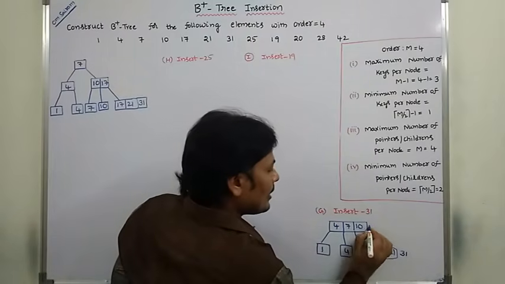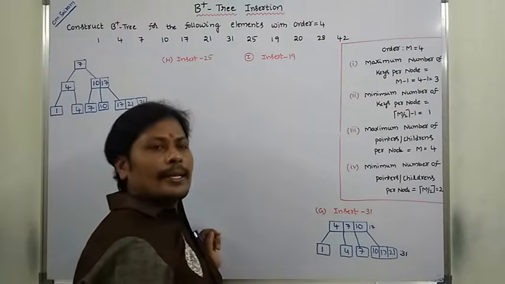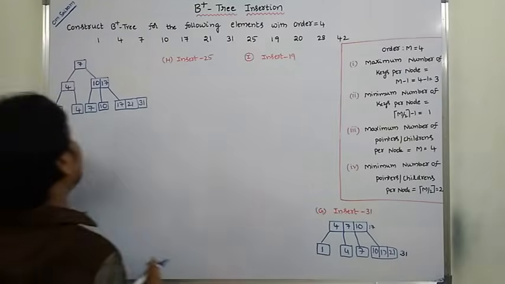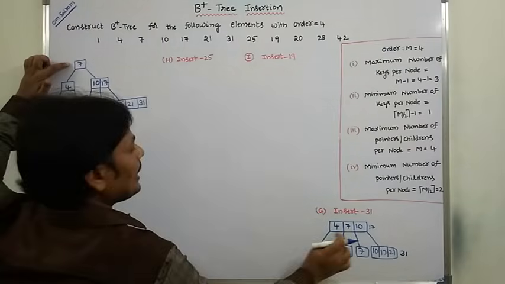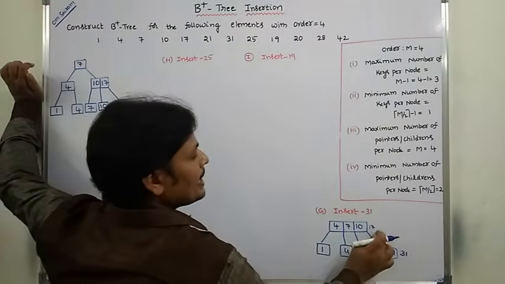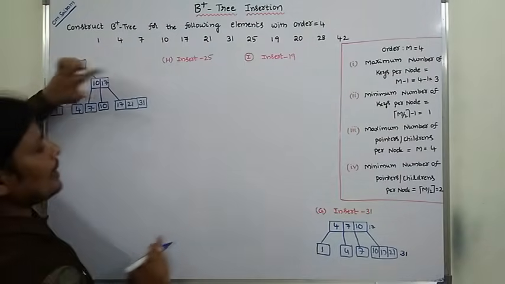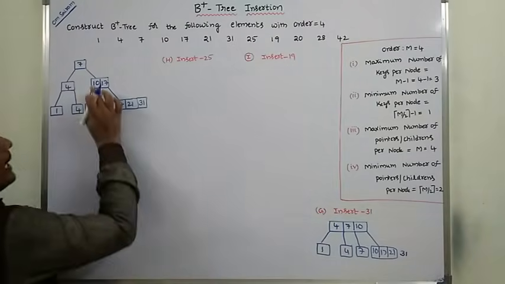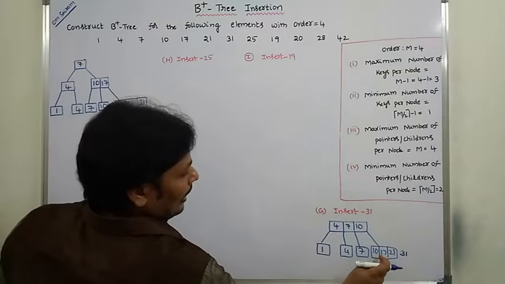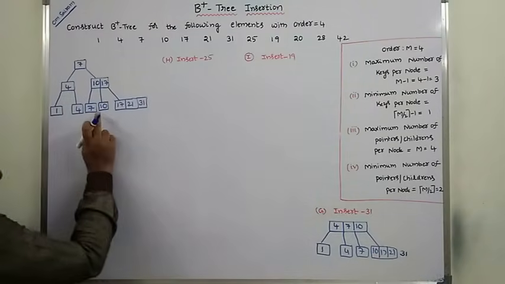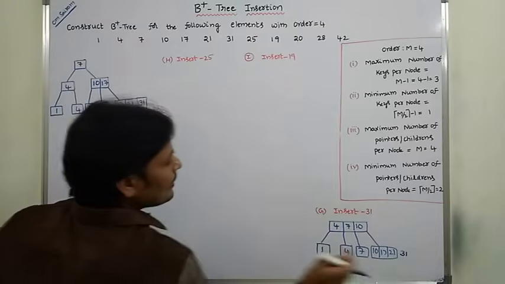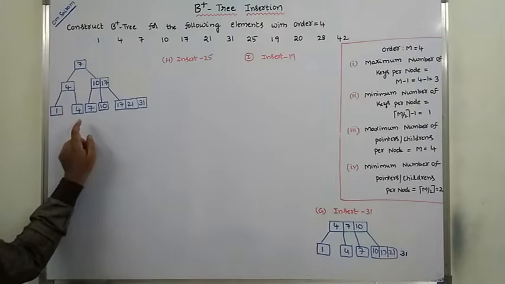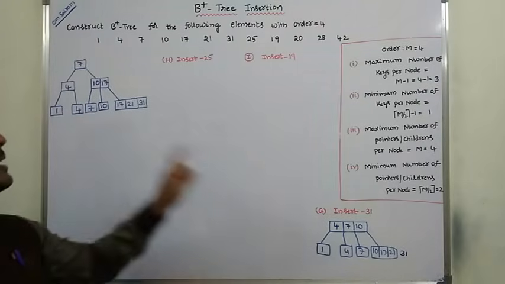The middle element is 7, so 7 can be taken as the root node. 7's left child is 4, and 7's right children are 10 and 17. 10's left child is 7 and right child is 10. 17's left child is also 10, and 17's right children are 17, 21 and 31. So this is the B plus tree we are getting after inserting 31.